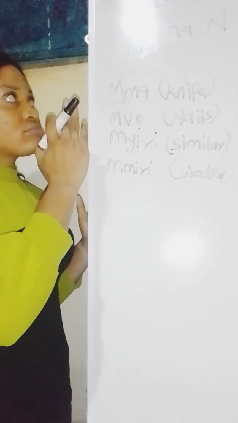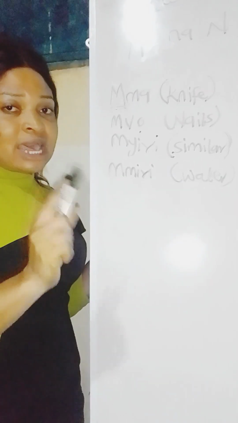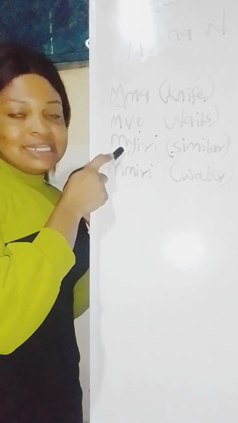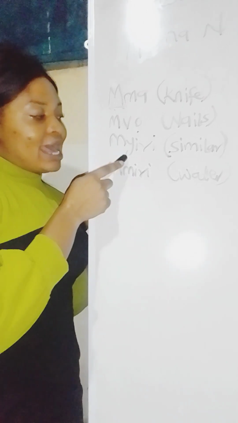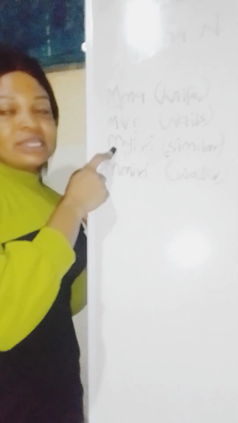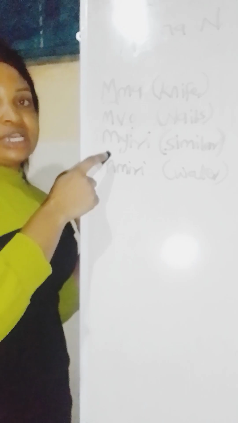That is m and n. So we are still talking about the m sound, the letter m and n. I said that this m in this myiri is working as a syllabic nasal, while this next letter is working as a consonant. The same thing applies to this.